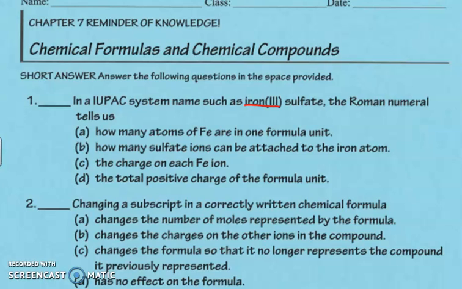So that is telling you, letter C, the charge of the iron atom. On number 2, when we're talking subscripts, it's the smaller, lower number. If you change the subscript in your formula, what that really does is change exactly what that formula is. So it's changing what your compound is, so that would be letter C also.